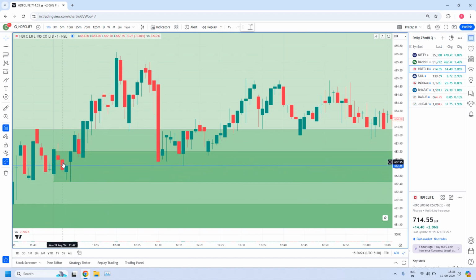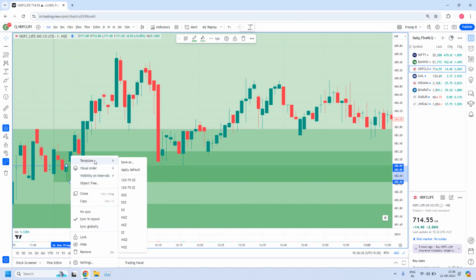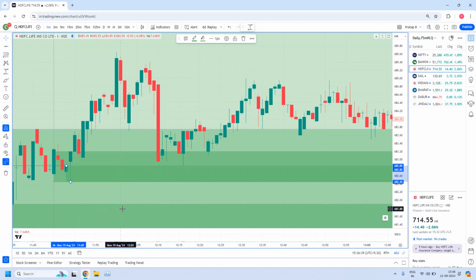So here you have a drop, you have a base, and then you have a rally candle, the ERC candle. See, you may feel like this is a failed ERC candle. But this entire thing can be considered as a rally candle.